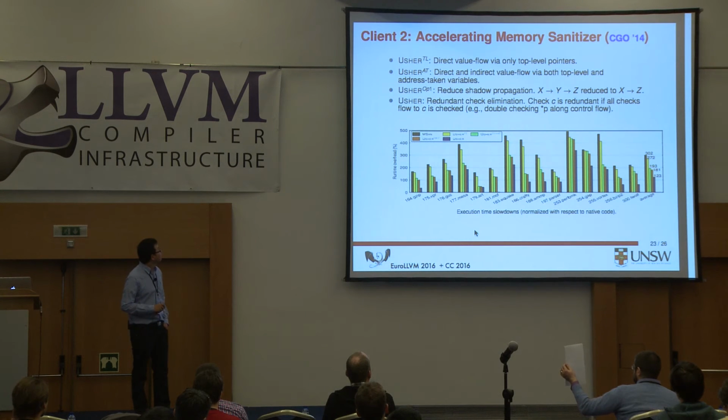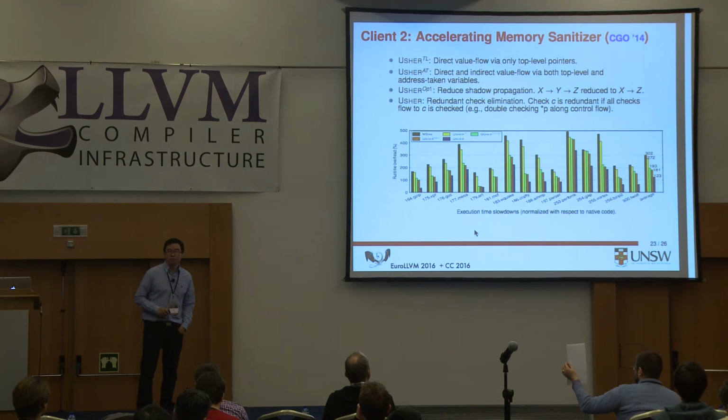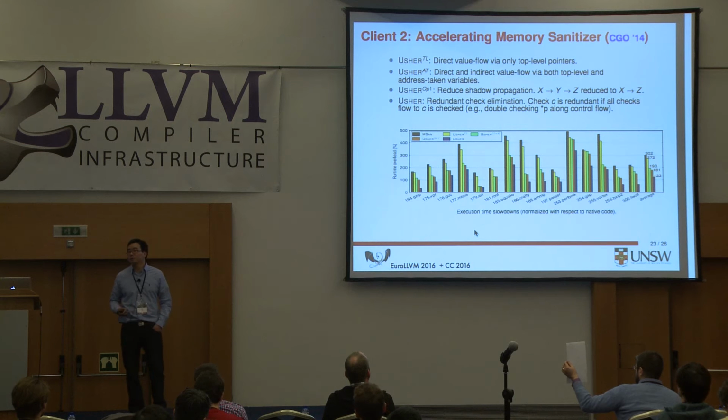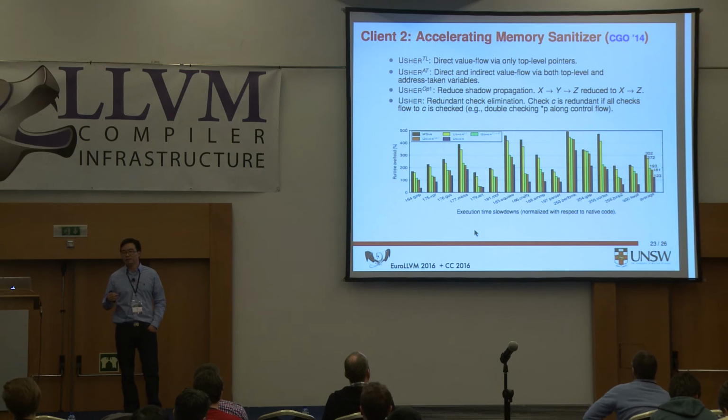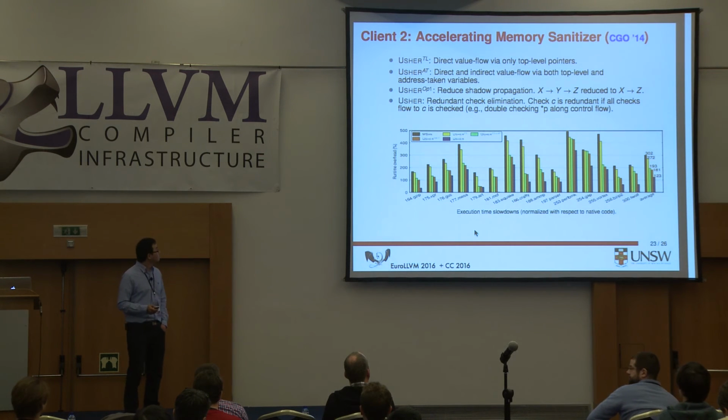We can say the second setting contributes most to the performance improvement. It shows that we need to analyze address-taken variables as well. This work is based on the insight that most parts of the program are safe, which means most of the variables have been initialized. Only parts of the program need to be checked at runtime.